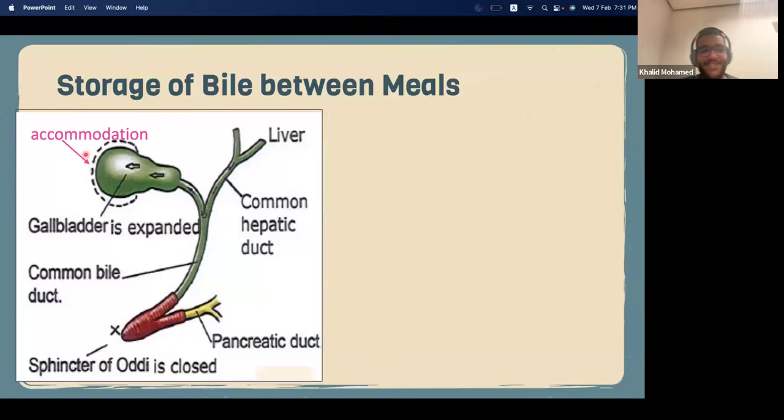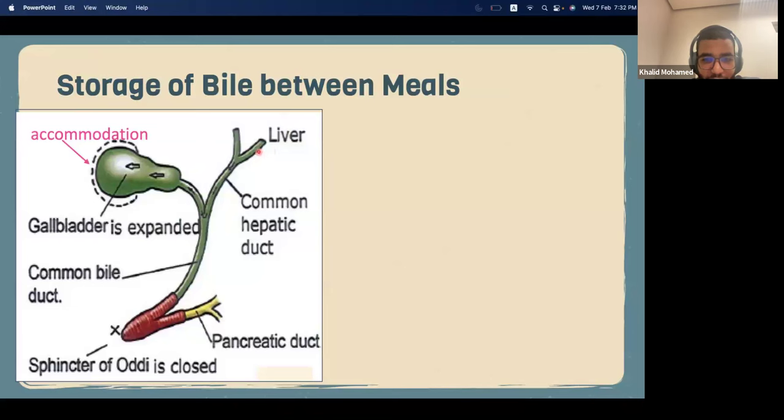Storage of bile between meals. Okay. So between meals, we don't want bile to go into the duodenum. So what do you do? You close the sphincter of Oddi over here, which is the path of the bile into the duodenum. So if this is closed, there's too much pressure over here.